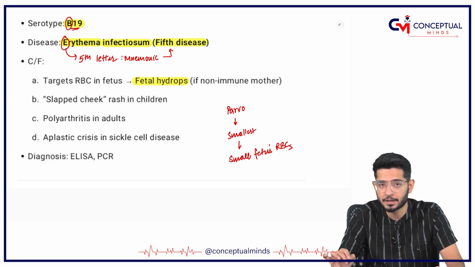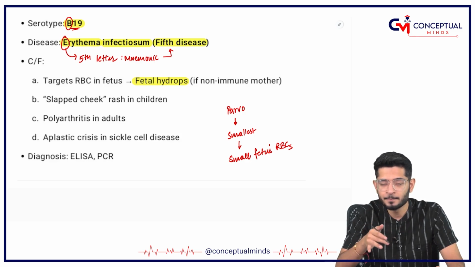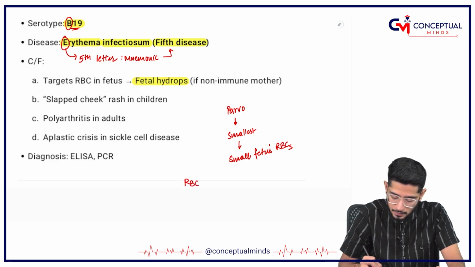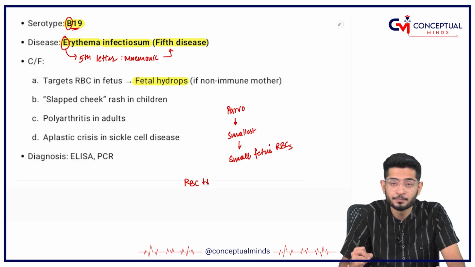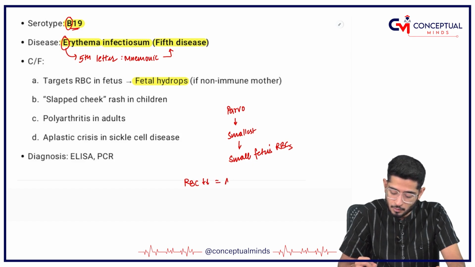Now, what is fetal hydrops? Whenever the RBCs are being killed, the RBCs will be fewer. When RBCs are fewer, that leads to anemia. This anemia causes increased blood production.